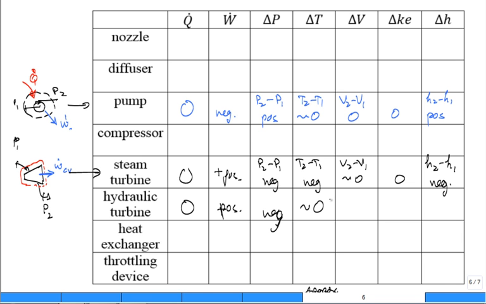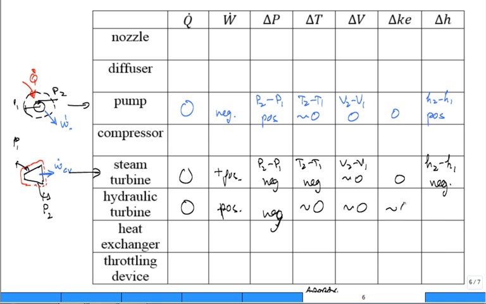What about the change in temperature? Negligible. Change in speed? I know that it goes fast in the interior of the turbine, but then when it finally comes out, the exit pipe's about the same diameter as the inlet pipe, and it's incompressible, so about the same.